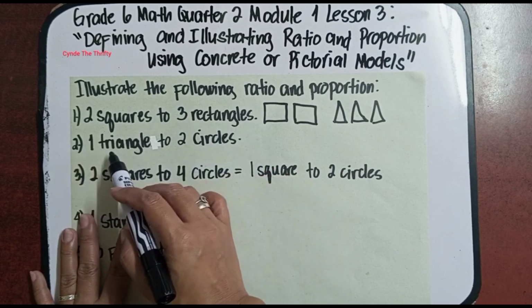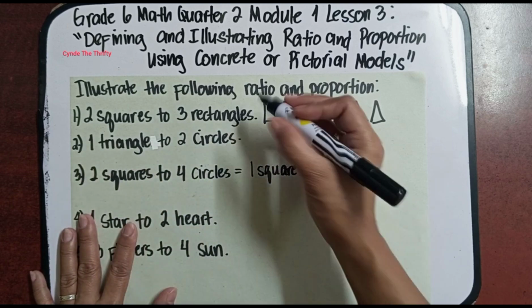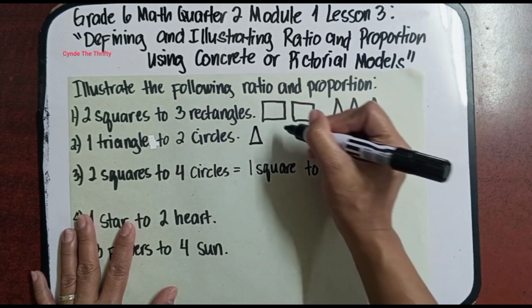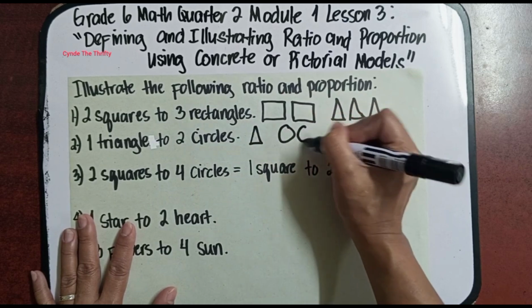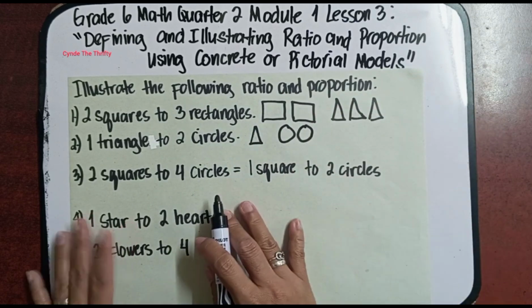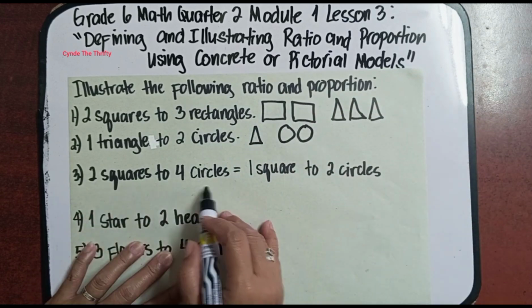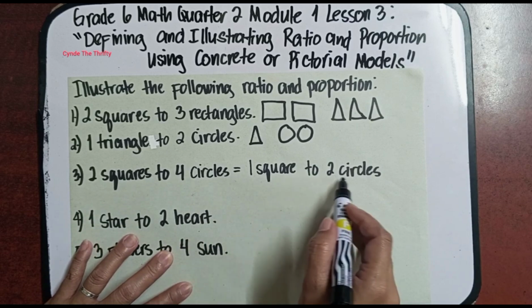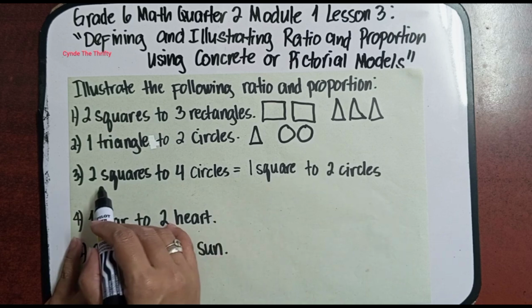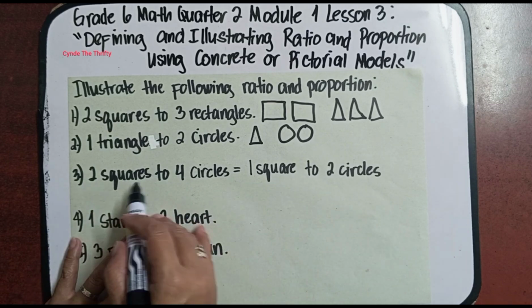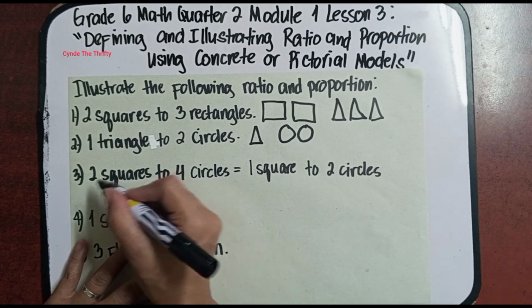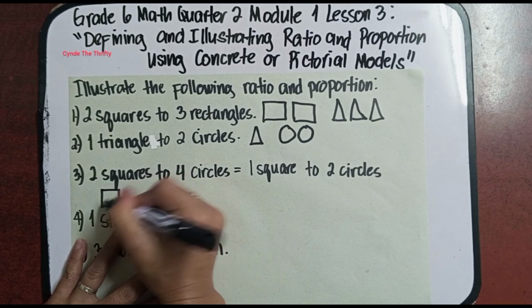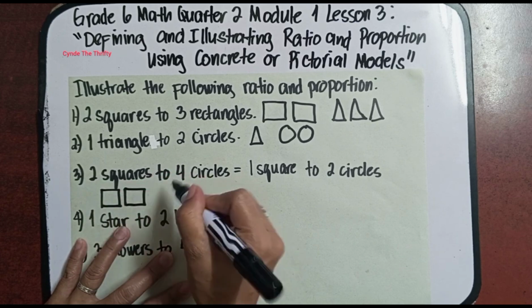Sa number 2 naman, 1 triangle to 2 circle. Okay, so 1 triangle to 2 circle. Ayan. And the number 3, 2 squares to 4 circle is equal to 1 square to 2 circle. Okay, so marami to. Unahin muna natin si 2 squares to 4 circle. Okay, so 2 squares to 4 circles.